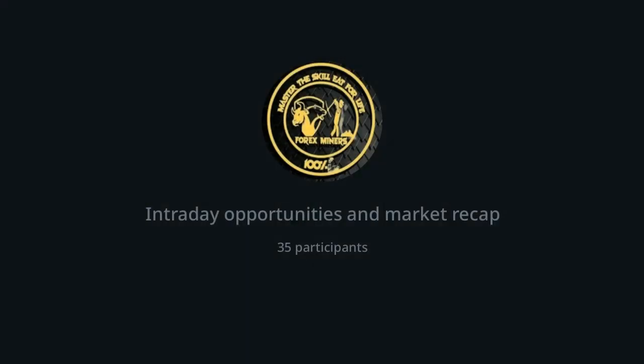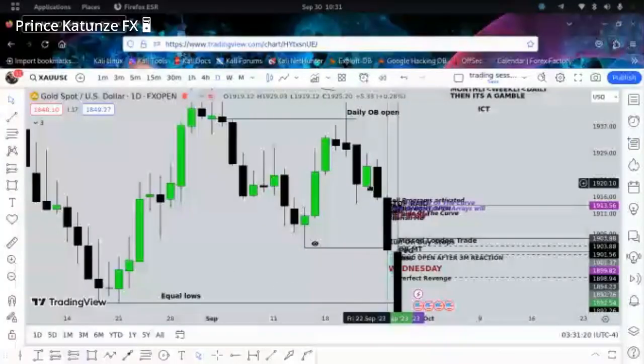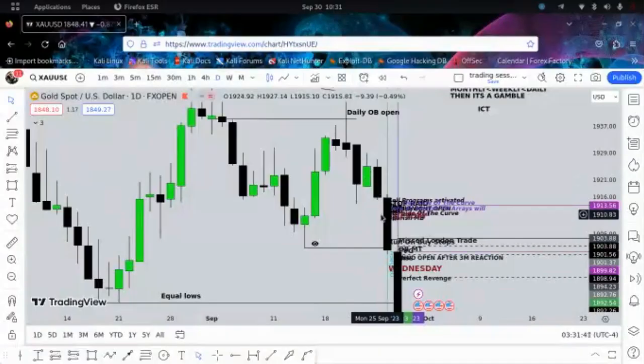So Monday, I was out of the markets. I didn't trade on Monday. Then I realized how Monday closed. Monday closed bearish. So on Tuesday, I expected to be bearish, aiming for this draw on liquidity, because price closed below the previous day's low.